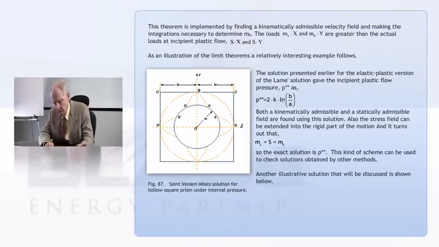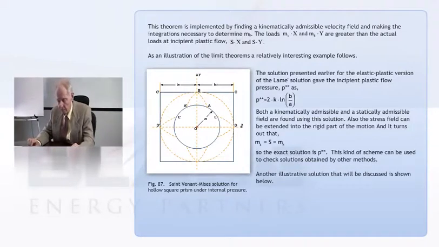Furthermore, we showed that there was a velocity field that went with the solution for the cylinder. And we can take those little distorted kind of triangles at each of the four edges. And we can put the velocity field that we found from the earlier solution for the cylinder in there.